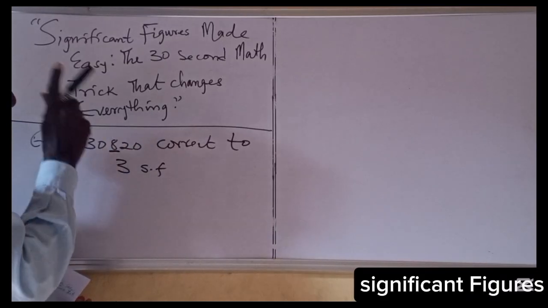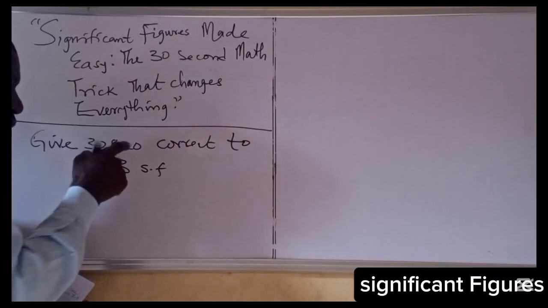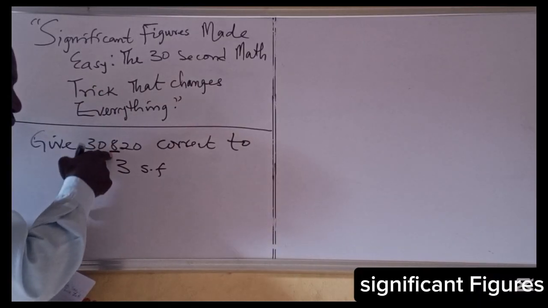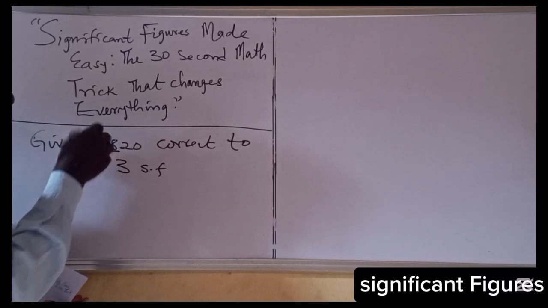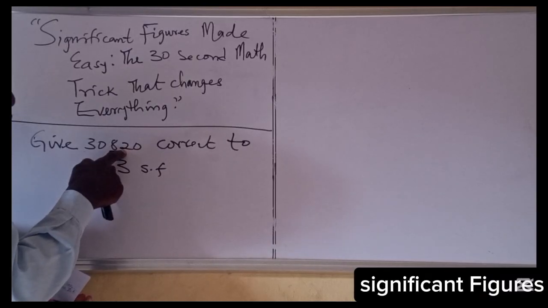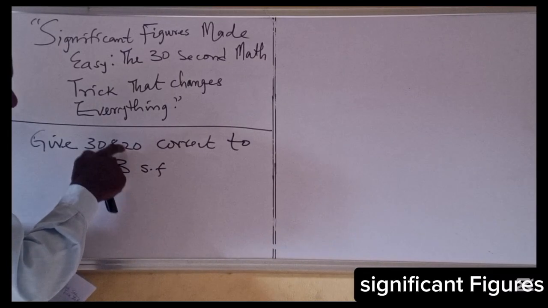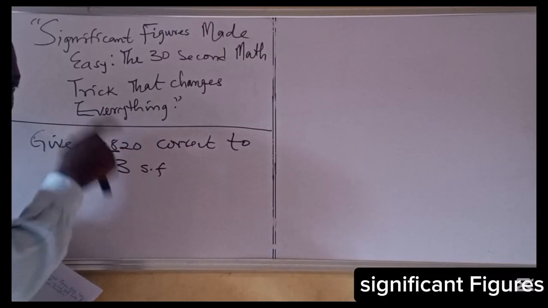That is, you add 1 to this. This 8 will now turn to 9. Now, in this case, this 2 is below 5. You round down. If the next number is below 5, round down.